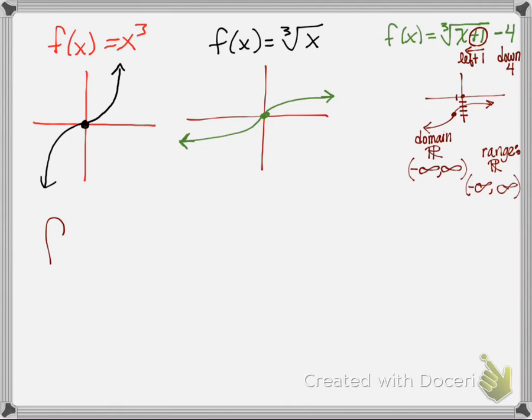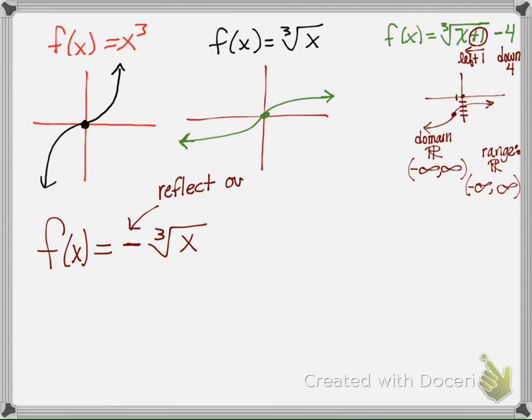What if we had this one? F of x is equal to the opposite of the cube root of x. What does this guy do here? Remember from the last one? What did we call that? We said it was a reflection.